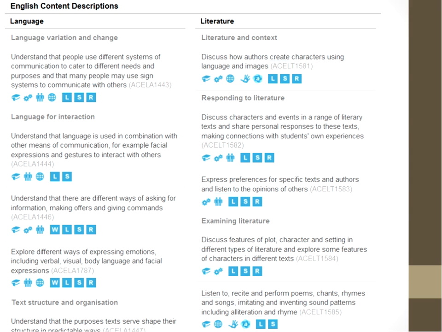But if we were to look at these outcomes, say, understand that people use different systems of communication to cater to different needs. Okay, so haven't we covered that just now? Yeah. I think we have.